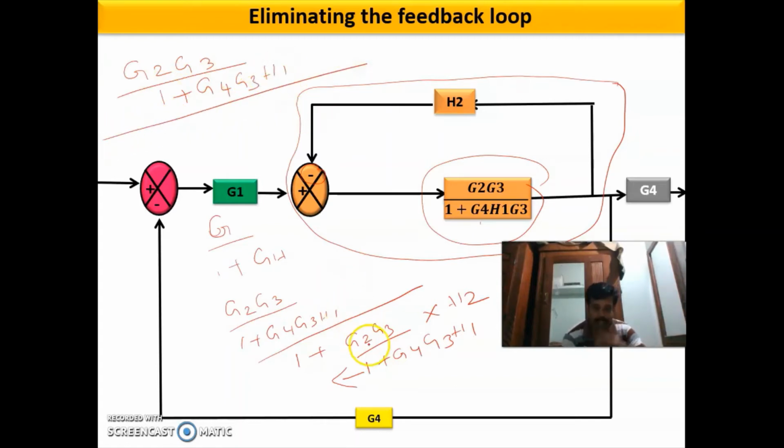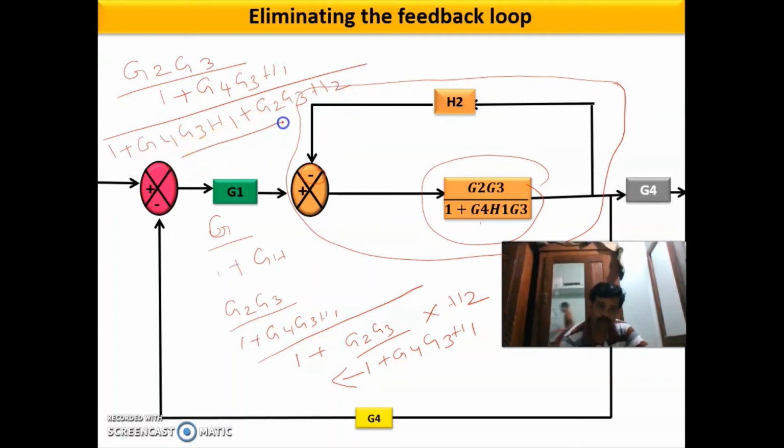Here you are taking LCM. LCM means you have to cross multiply. This term will be 1 into this denominator term. So you'll be getting 1 plus G4 G3 H1 plus G2 G3 H2.